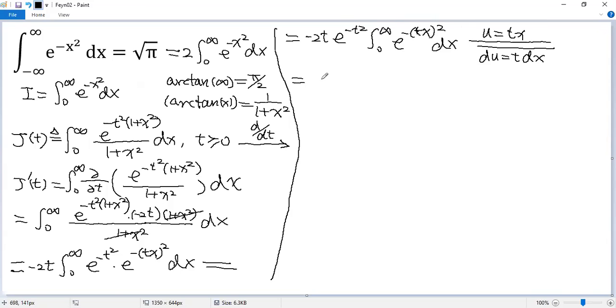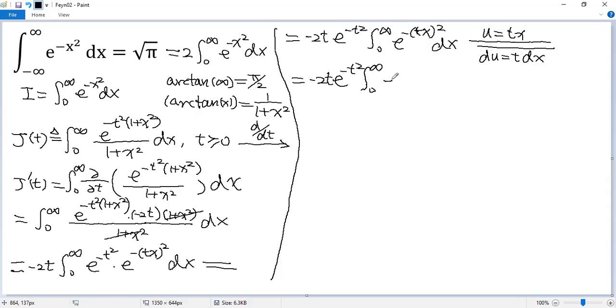So we get negative 2t e to the power of negative t squared. And when t is greater than 0, if x equals 0, u equals 0. X equals infinity, u equals infinity, right?